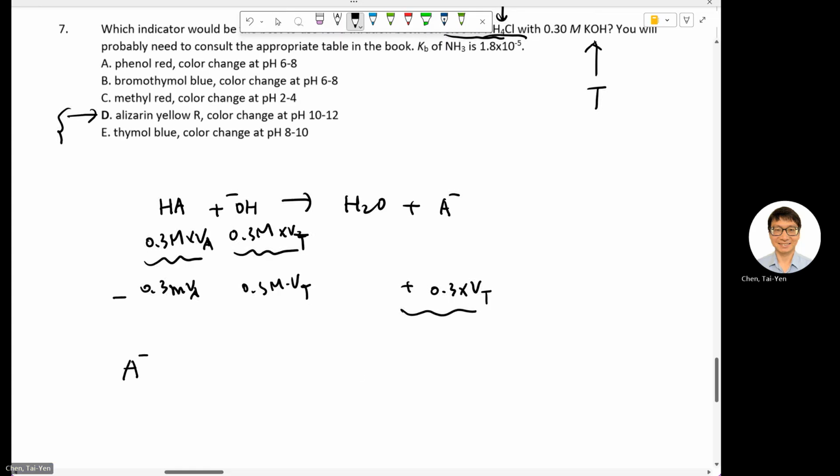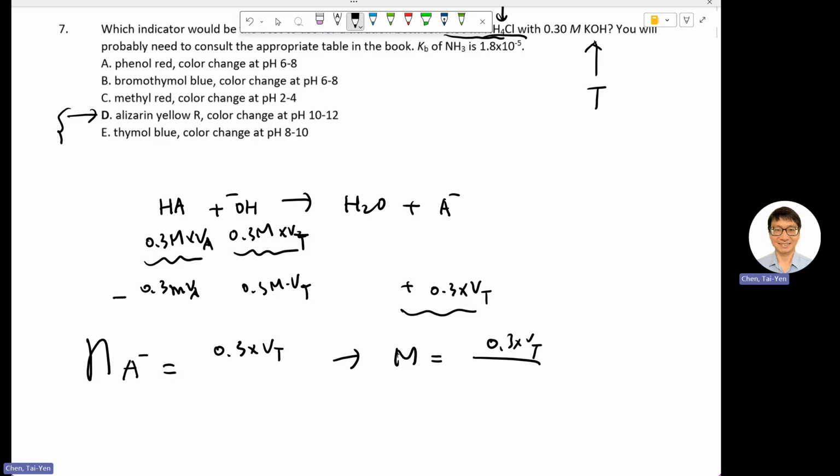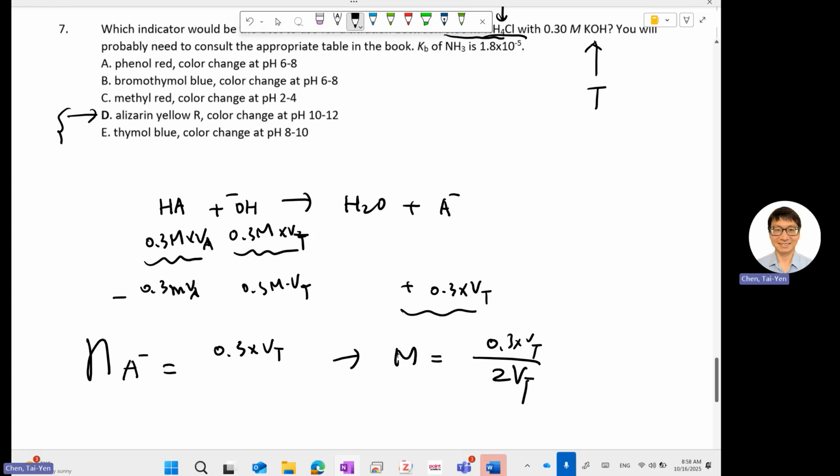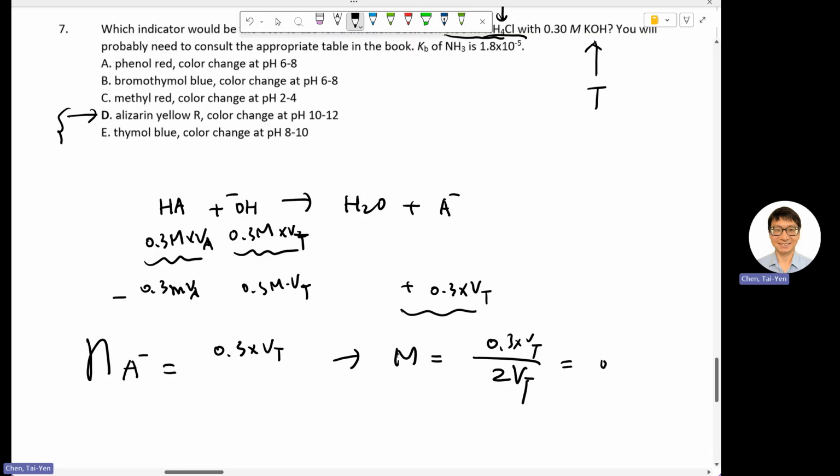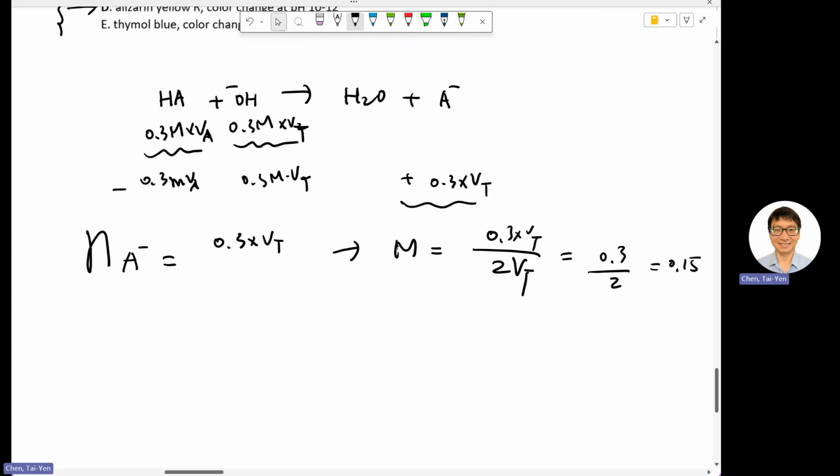Therefore, the moles of your A minus will be 0.3 times VT. The concentration will be 0.3 times VT divided by the total volume, which is 2 VT. Therefore, the concentration of your base will be 0.3 divided by 2, which is 0.15. That means your conjugate base at the equivalence point has a concentration of 0.15.